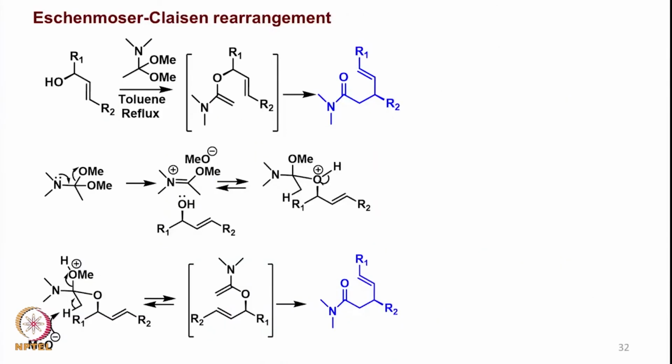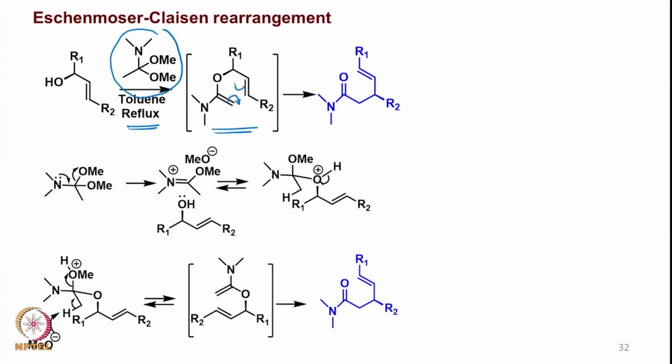In addition to this, there is another rearrangement which is known as the Eschenmoser-Claisen rearrangement, and that involves reaction of the allyl alcohol like this with a species of this kind, which upon heating forms this intermediate, and this also has a similar orientation of the double bonds.